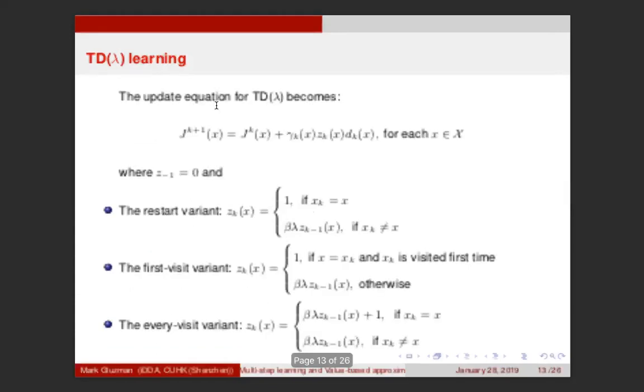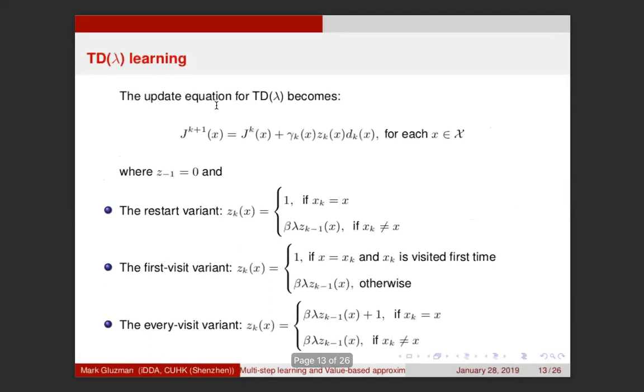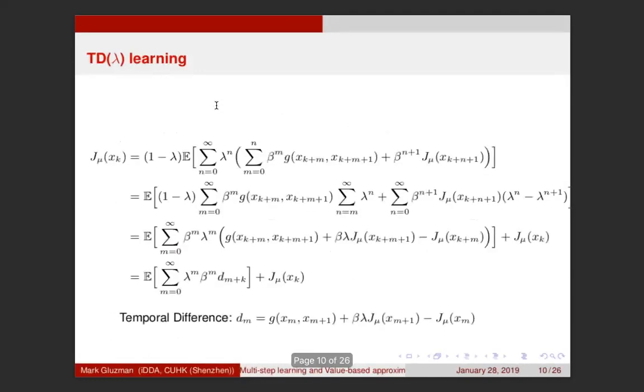So d0 is the temporal difference. Yes, this is the last one. Basically, we wrote our Bellman equation such that it depends on these temporal differences, and it's easy to understand the TD lambda algorithm based on temporal differences.